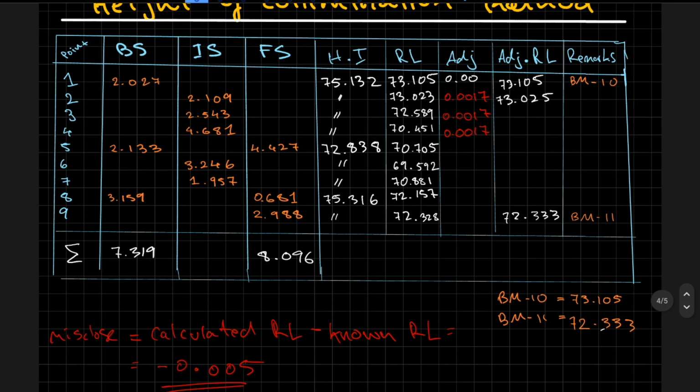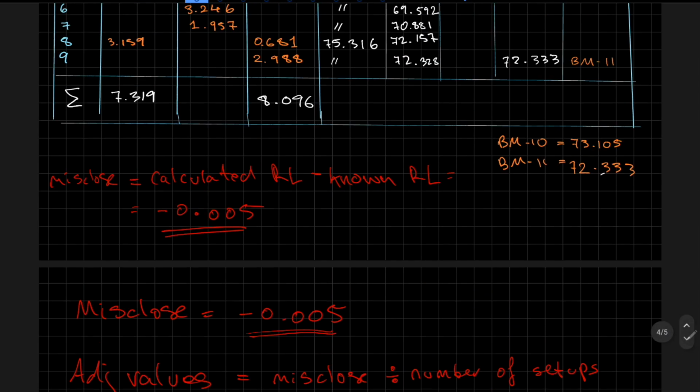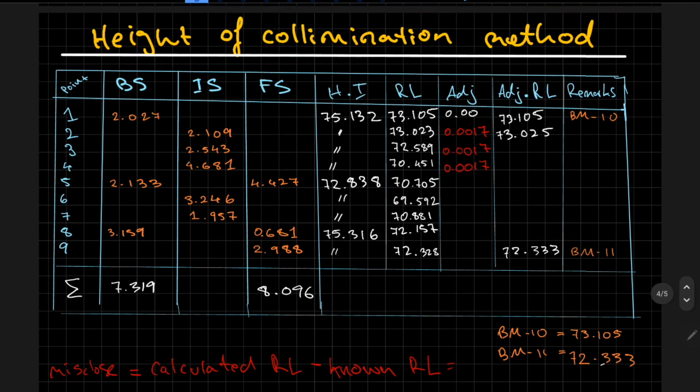The trick with this one is also very important. Adjustments are accumulative. So for this adjustment, you are going to add another 0.0017 to the 0.0017.